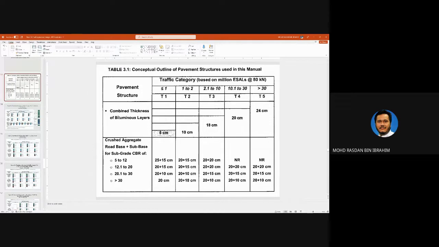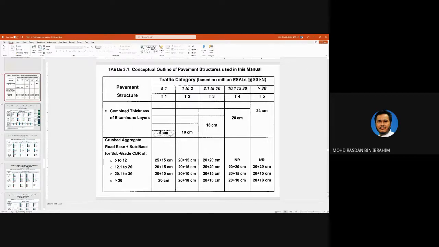The thickness of bituminous layer is 18 centimeters, and the road base and sub base depend on the subgrade category. If the subgrade CBR is between 5 to 12, then the road base is 20, sub base is 20. If the subgrade CBR is 20.1 to 30, then the road base is 20, sub base 15 centimeters. This is just the conceptual outline.